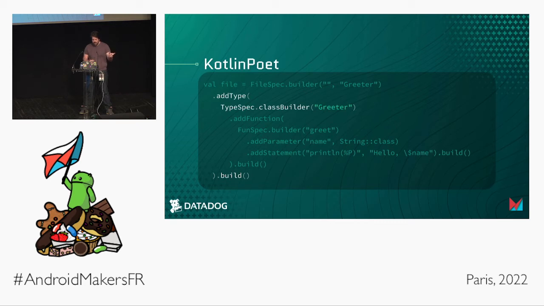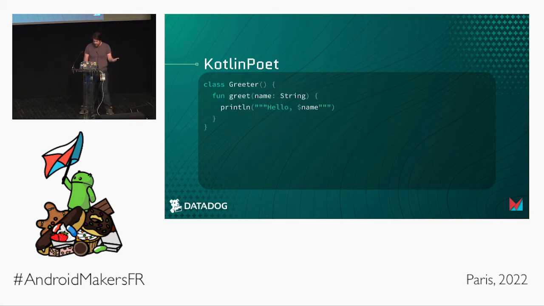The type is going to be a class named Greeter, and in this class I'm going to add a function called greet, which takes a string parameter called name, and it's only going to have a statement which is println with hello and the name that's passed in parameter. And basically if you run that and you print the output of this, you get this Kotlin file.